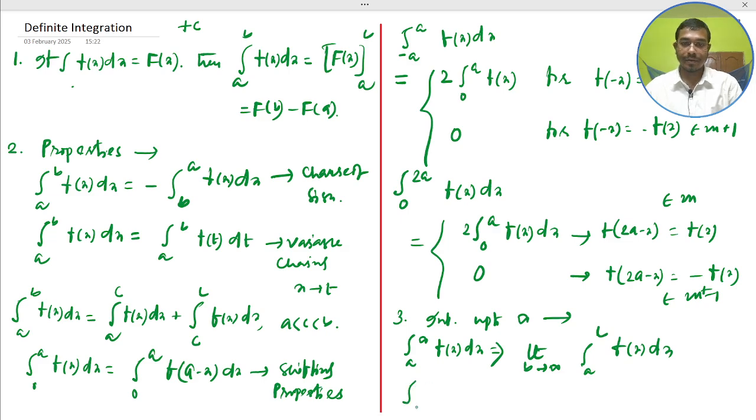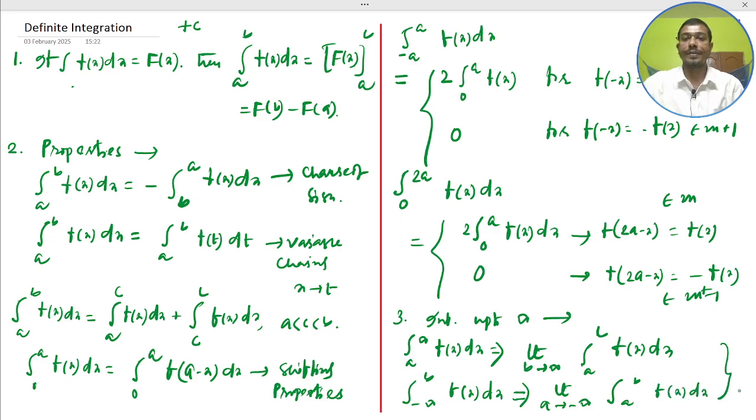And the other one, from minus infinity to b of f(x) dx, implies the limit as a tends to minus infinity of the integral from a to b of f(x) dx. This is the infinity property.